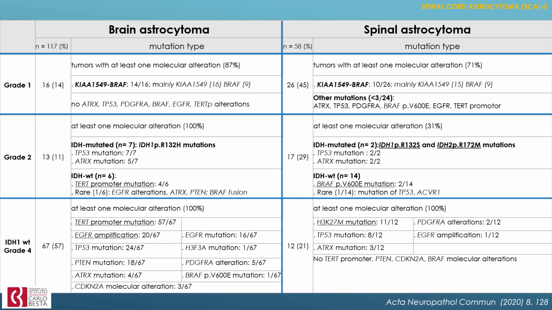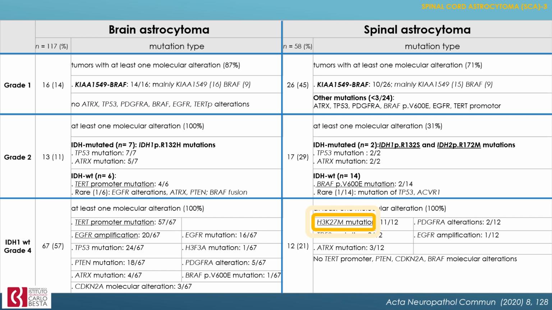Conversely, spinal G4 astrocytoma is characterized by H3K27 mutation followed by TP53 and ATRX mutation. The H3K27 mutation is typically described in diffuse midline glioma.